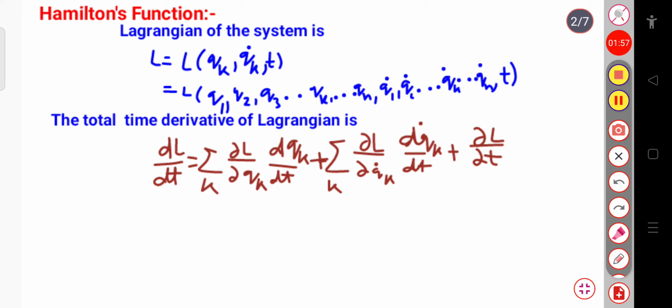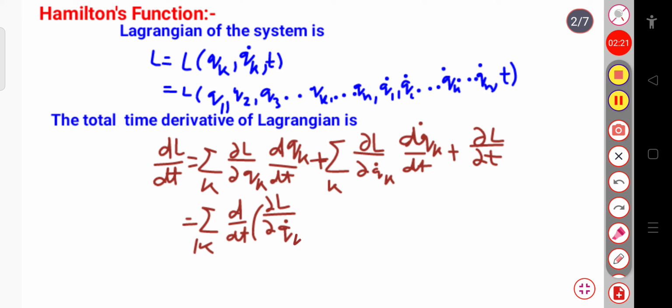And this can be written as, for dou L by dou qk we can write, sum over k, d by dt of dou L by dou qk dot.